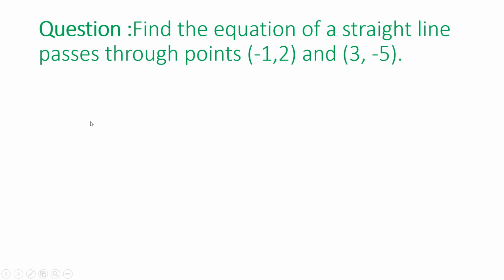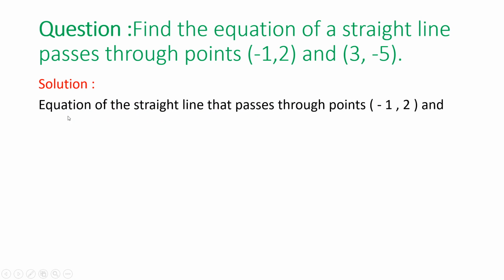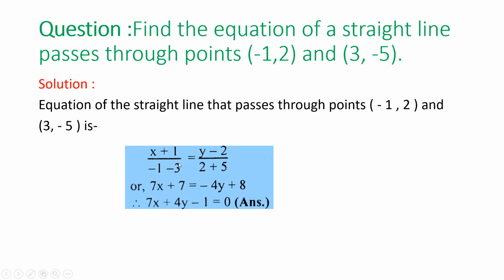But now we solve another problem. Find the equation of a straight line that passes through the points (-1, 2) and (3, -5). Solution: the equation of the straight line that passes through the points (-1, 2) and (3, -5) is (x + 1)/(-1 - 3) = (y - 2)/(2 + 5).